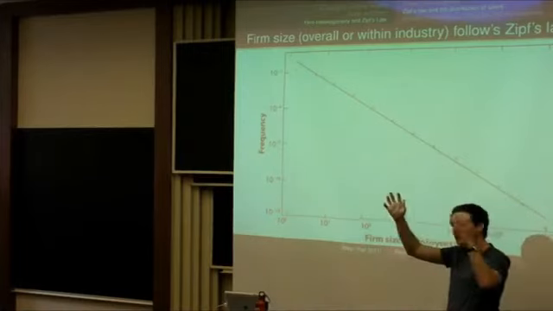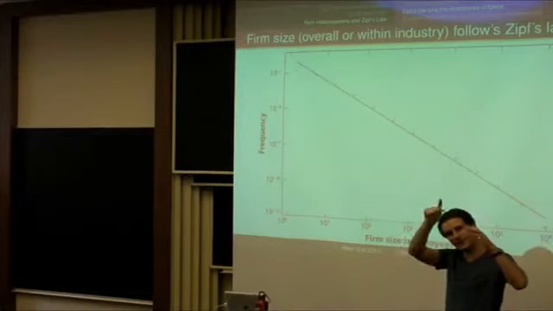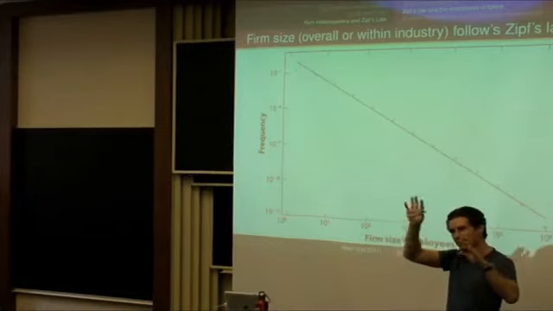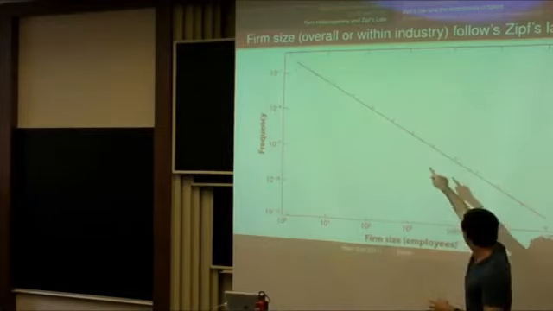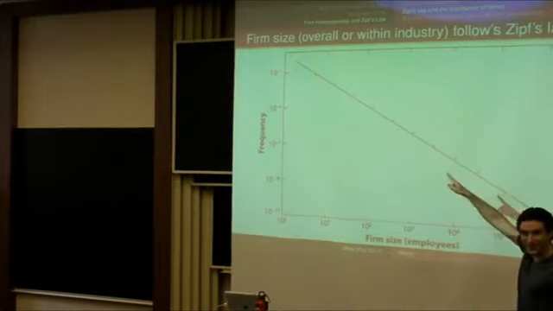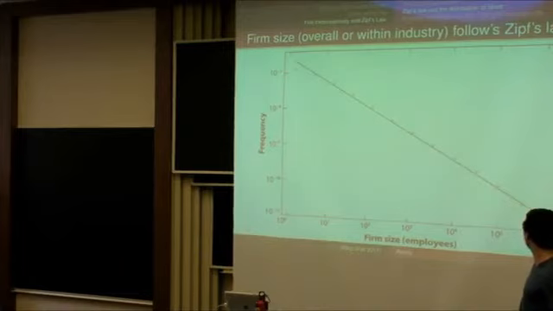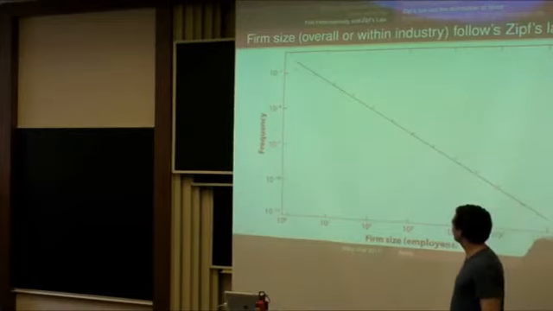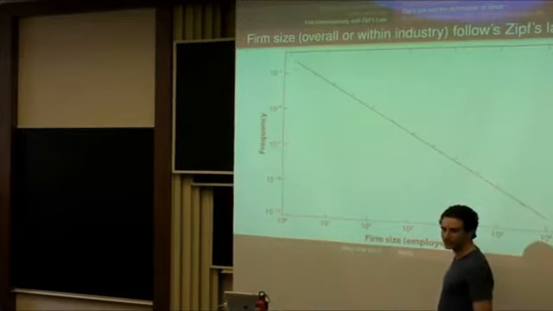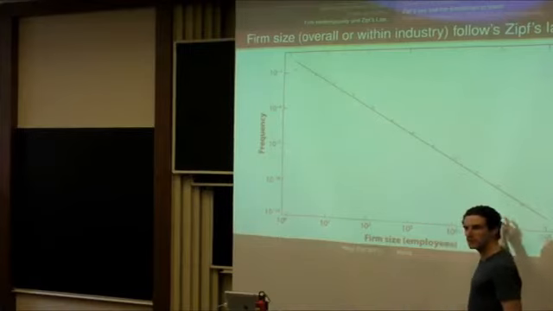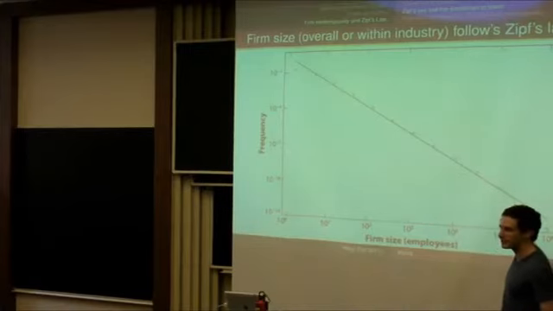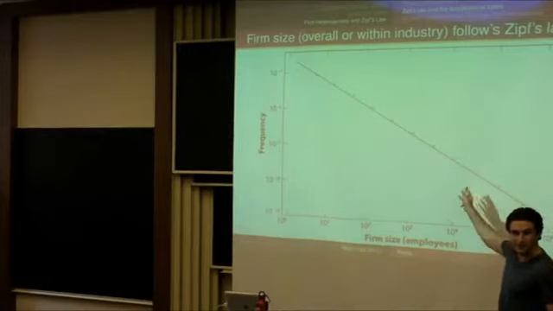You usually get some giant cloud of stuff, and you say, well, is there a line through that? Maybe. And this is just a line, right? And it just lines up exactly along that. So this is Zipf's law in action, right? Like the biggest firm has twice as many employees as the second biggest, and 3 times as many as the third biggest, and so forth.